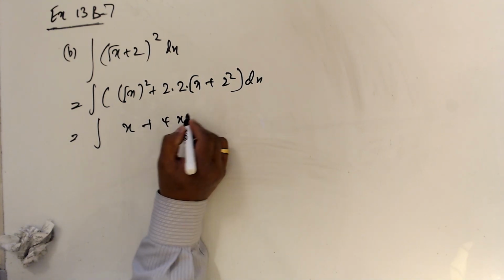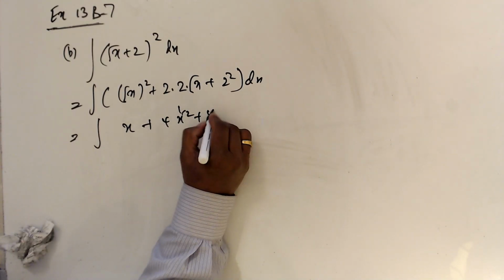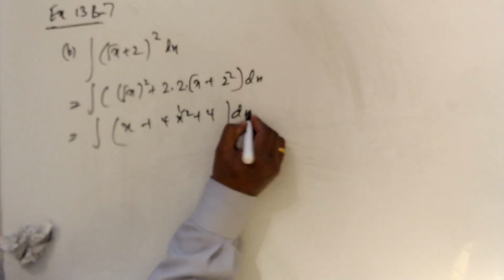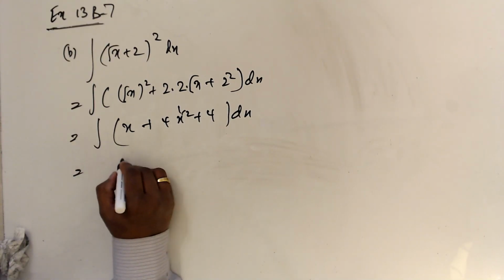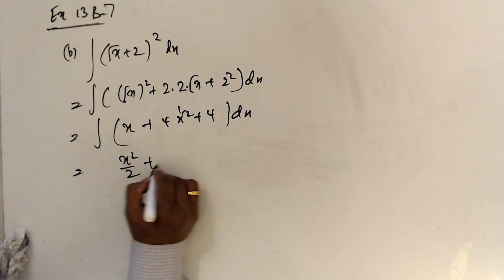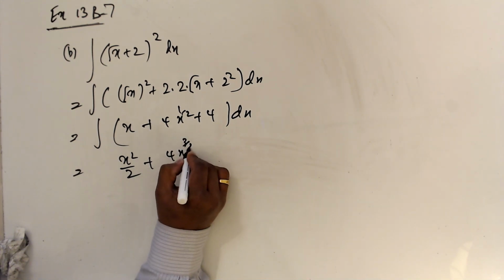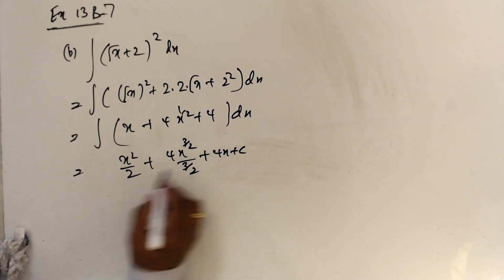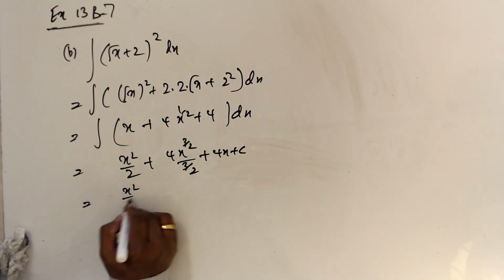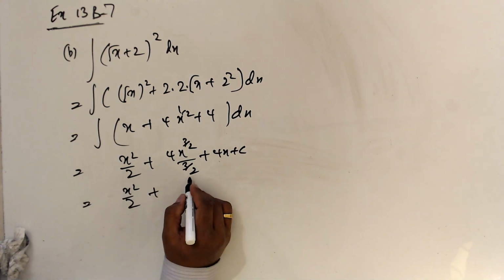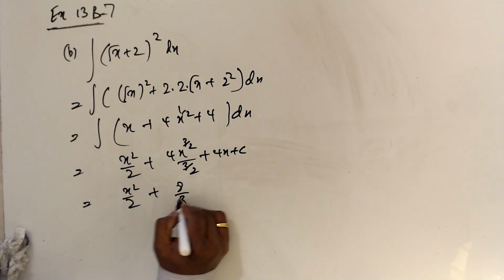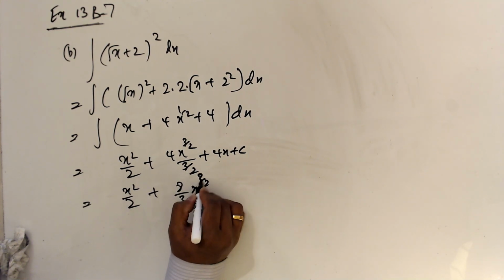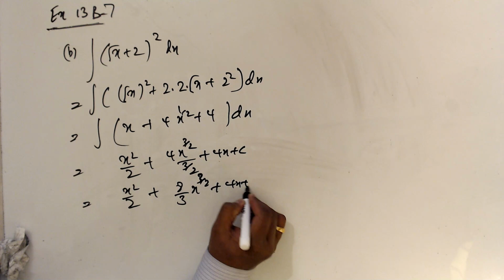Plus 4 square root x plus 4. So this is going to be x square over 2, plus 4x^3/2 divided by 3/2, plus 4x plus c. So x square over 2 plus 8/3 x^3/2 plus 4x plus c.